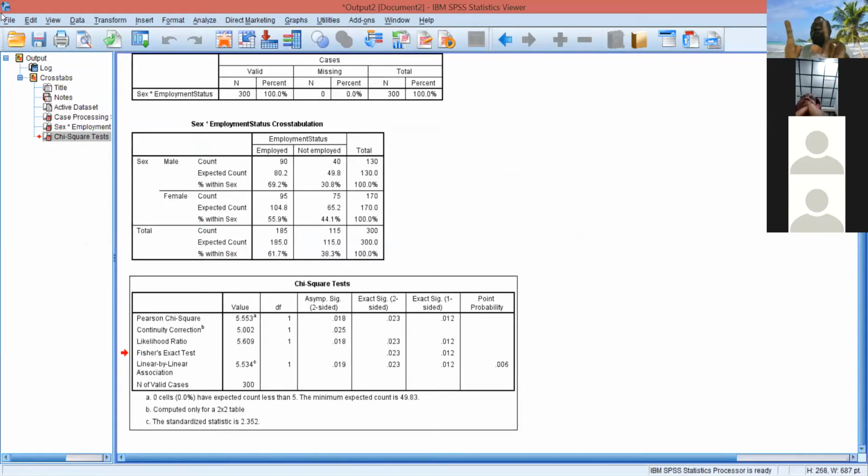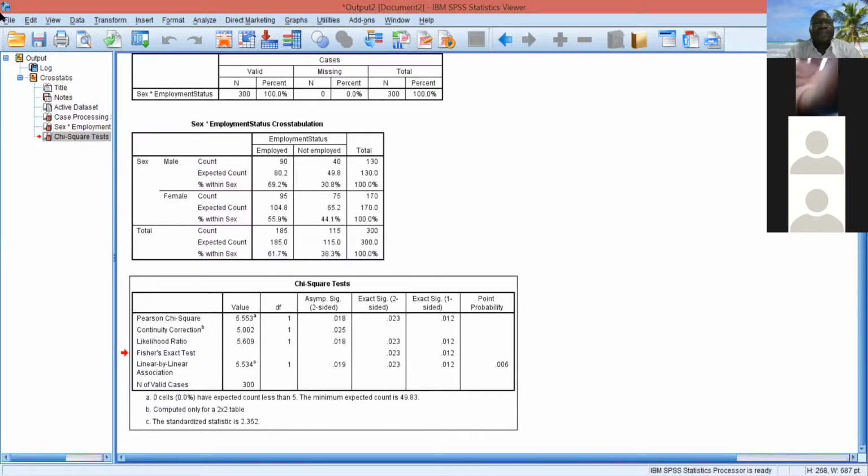Now, for you to know the importance of which total to put, let's go back. Analyze. I want you to now put column percentage also. You see what will happen. Go back.